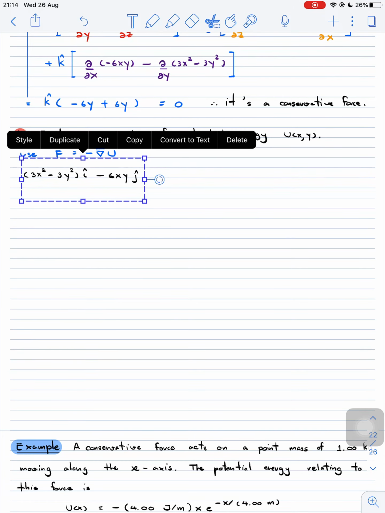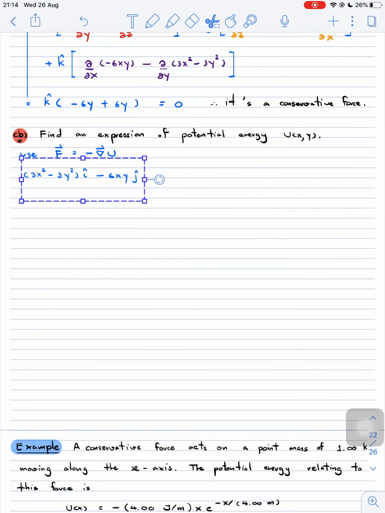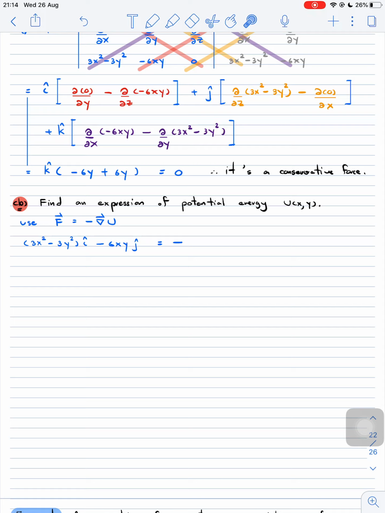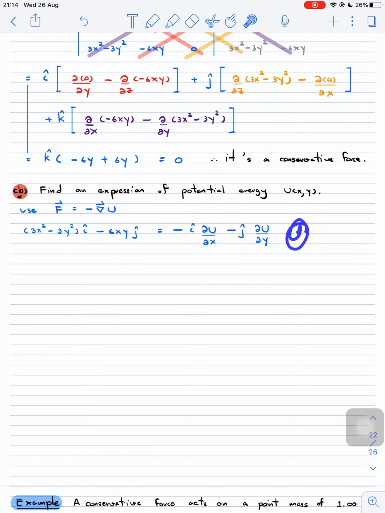This is F equal to negative of the gradient of U. But here we said that U just depends on x and y, so we have only unit vector i and the dU by dx minus unit vector j and the dU by dy. Don't forget that this is just the partial derivative, and we don't have z dependence here.